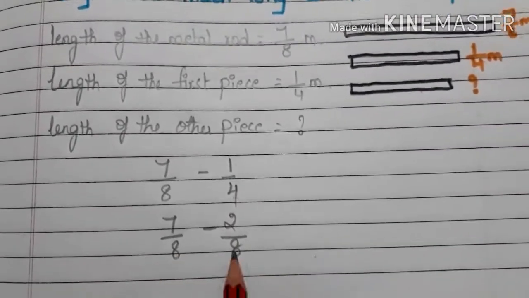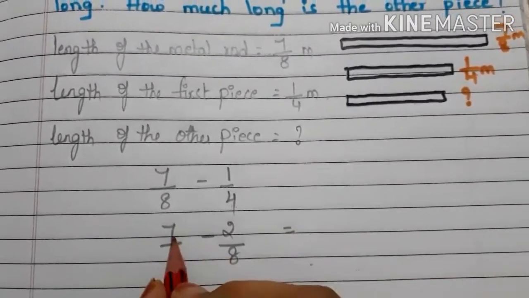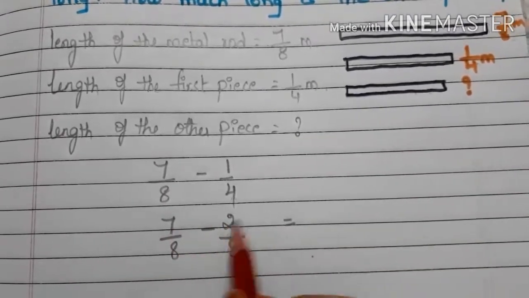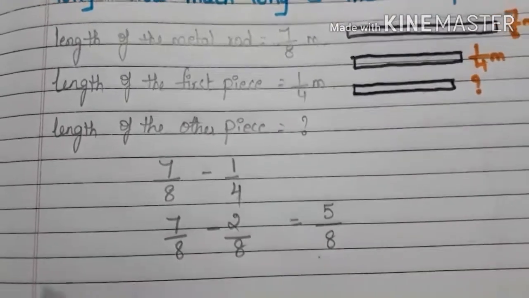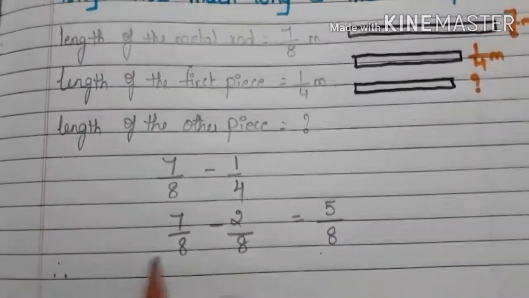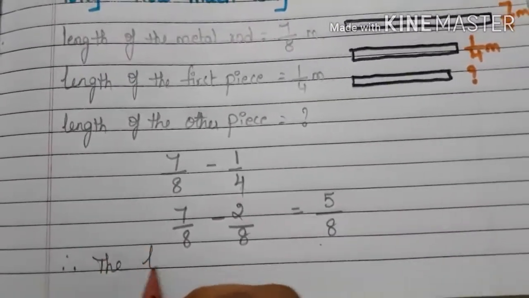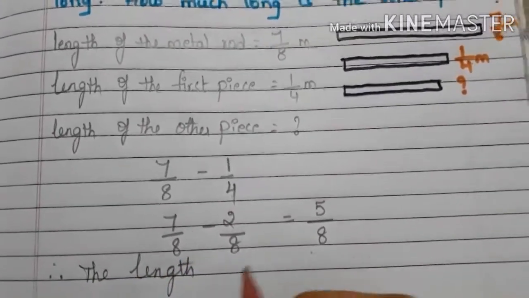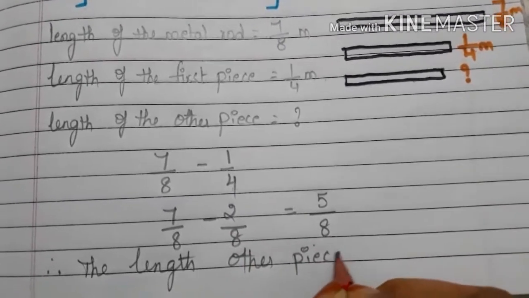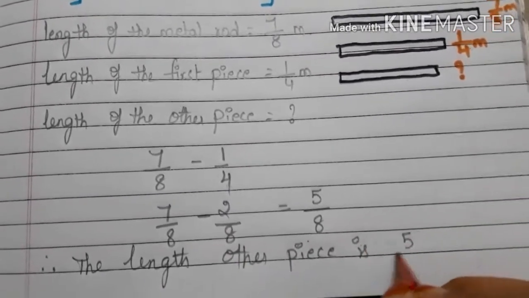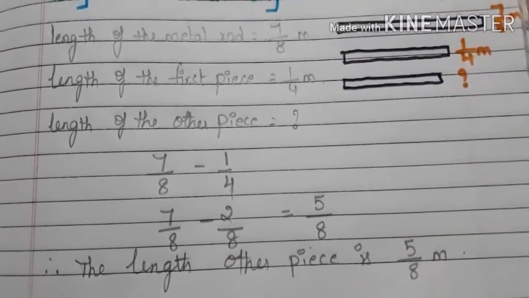Now these two are like fractions. Subtract the numerators directly. 7 minus 2 is how much? 5 by 8. Okay. Right here. Therefore, the length of the other piece is 5 by 8 meters.